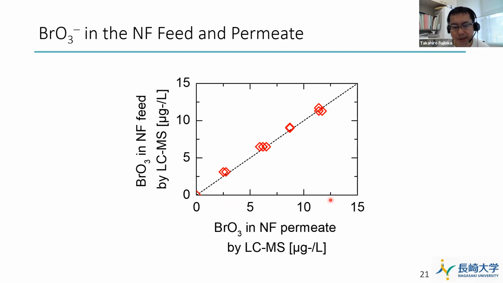The horizontal axis is showing the bromate ion concentrations in the permeate, and the vertical axis is showing their concentrations in the feed. So NF removes a few percent of bromate ions, but most of them are still present after nanofiltration, so it's good to go.